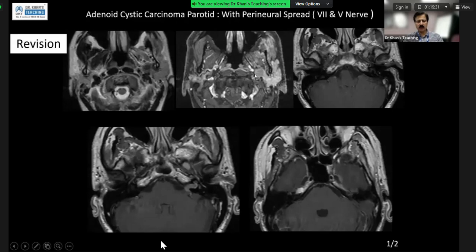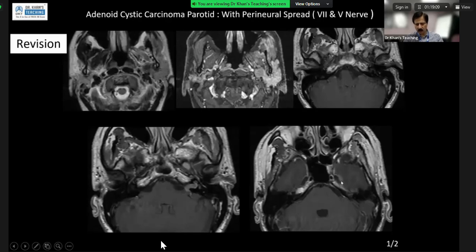There is an adenoid cystic carcinoma, and this carcinoma is spreading. What happens is that it is going into branches of the V3 mandibular division as well as the seventh nerve. Though the imaging is not with fat saturation, you can see some enhancement.